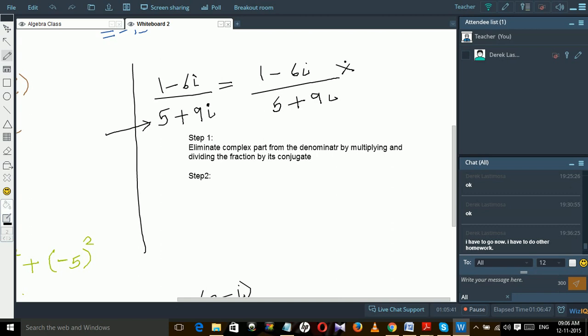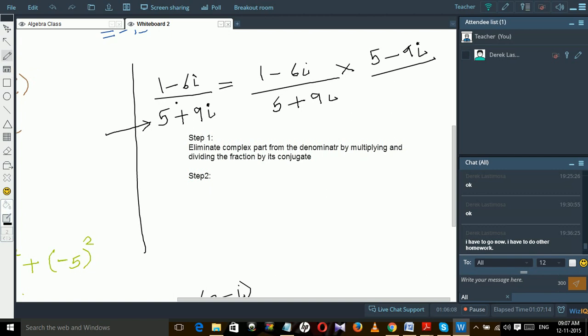And step 2 is your answer. There is only one step you have to perform, as simple as the previous problem. This is 1 minus 6i over 5 plus 9i, multiplied with 5 minus 9i.